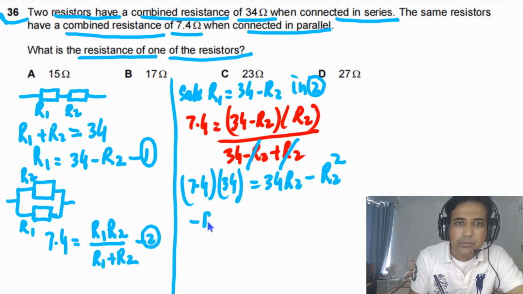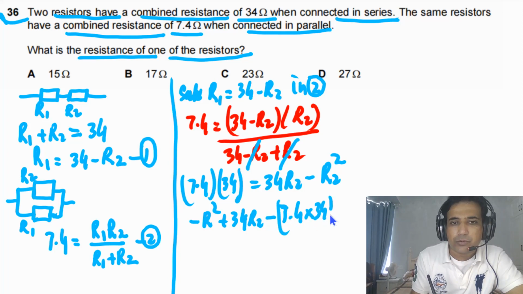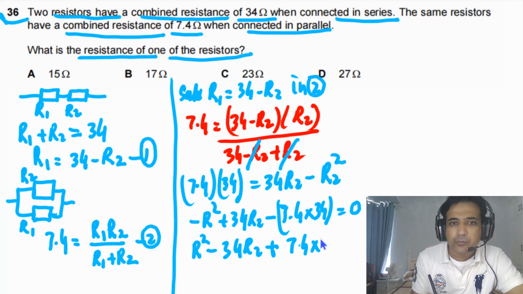First of all, we can write this is minus R2 square, plus 34 R2, minus 7.4 multiplied by 34, and this has to be equal to 0. So we can multiply with a minus sign. So we will have R2 square minus 34 R2 plus 7.4 times 34, and this is equal to 0.